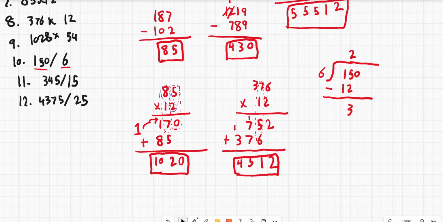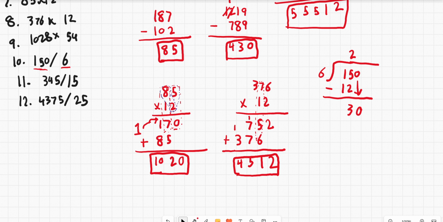Now we need to do something called bringing down the number next. Okay, so we can just bring down the 0, right? And then what we need to figure out is how many times 6 can go into 30. Well, I think doing this in your head, 6 can go into 30 5 times.